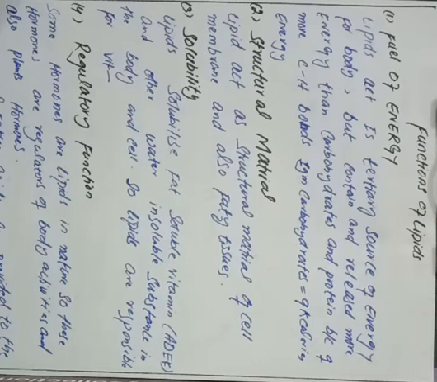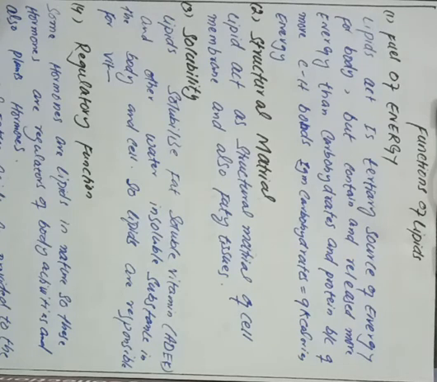Lipids have two structure functions. First, they form the cell membrane, because the cell membrane contains 20% lipids and also cholesterol and glycolipids, etc. These lipids are essential for the cell membrane to function properly and to maintain its activities. It is the first structural function of lipids.